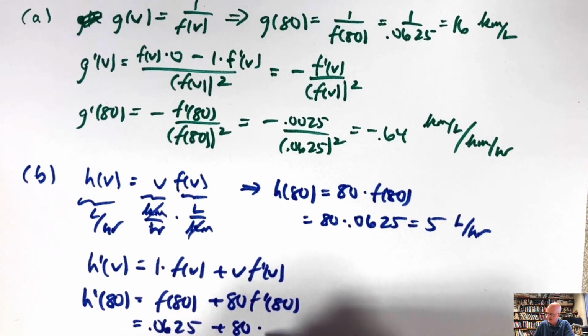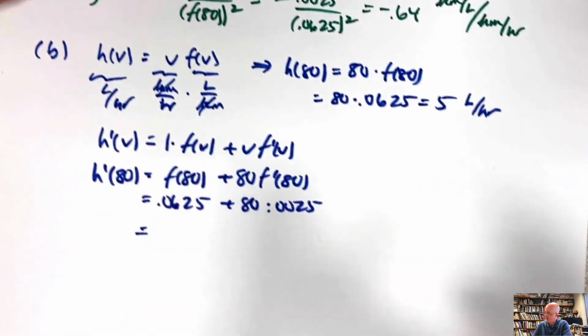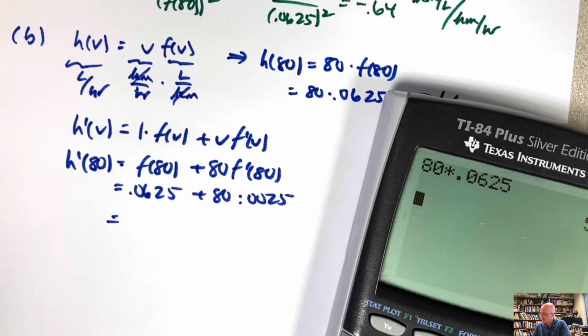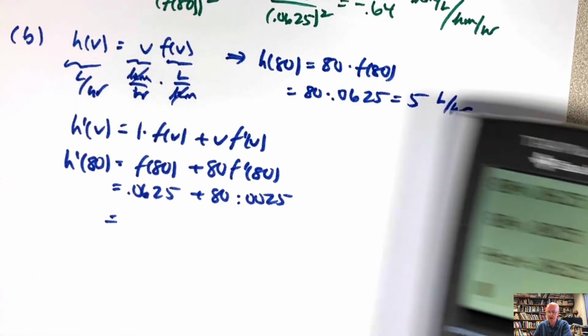F prime of 80 is 0.0025. This is going to be a positive number. 80 times 0.0025 is 0.2 plus 0.0625 gives 0.2625.